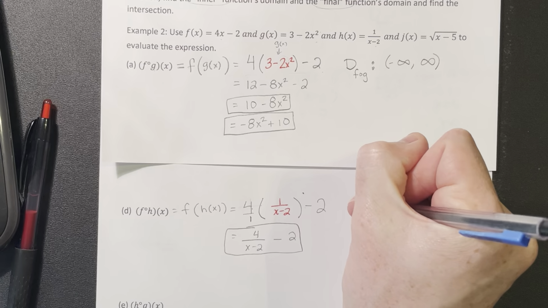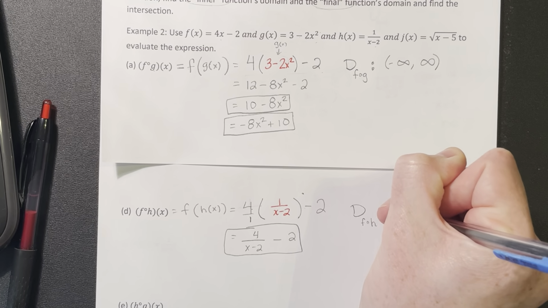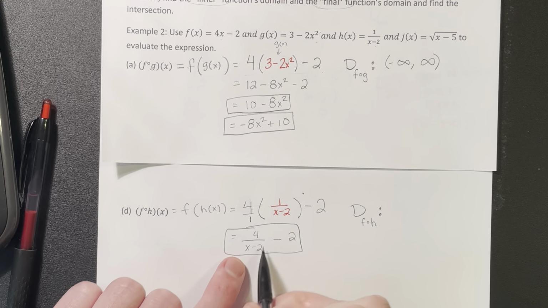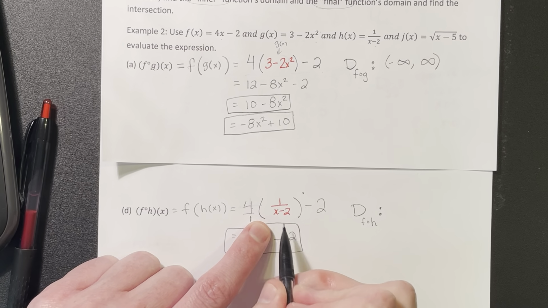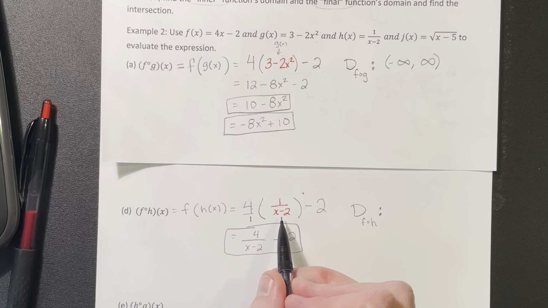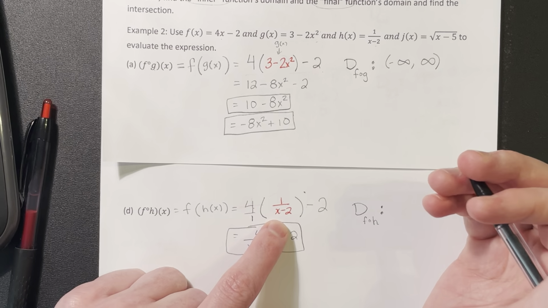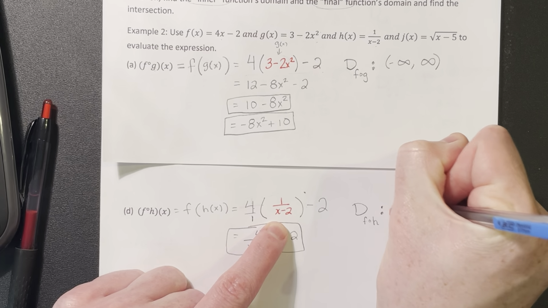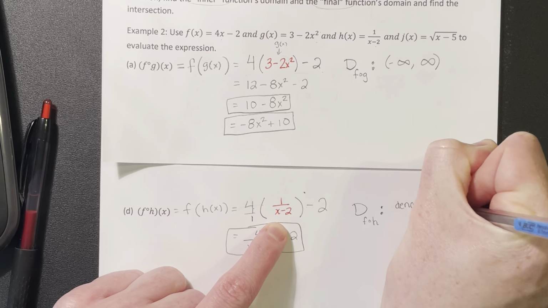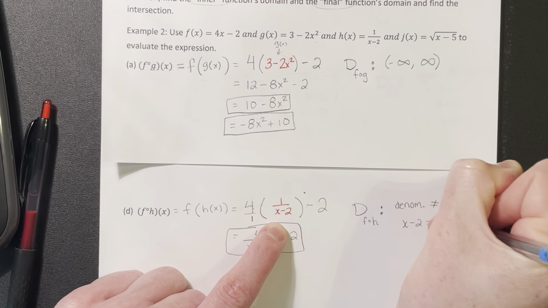We do want to look at the domain restriction f of h has, because this has a fraction, so it has a rational function in it. And anytime you had a rational function, you wanted to ask yourself, I can't divide by 0. So when is this denominator going to be 0? So denominator cannot equal 0. So x minus 2 cannot equal 0.